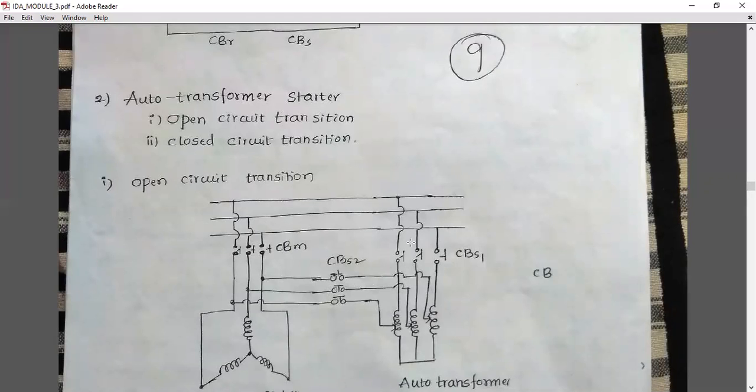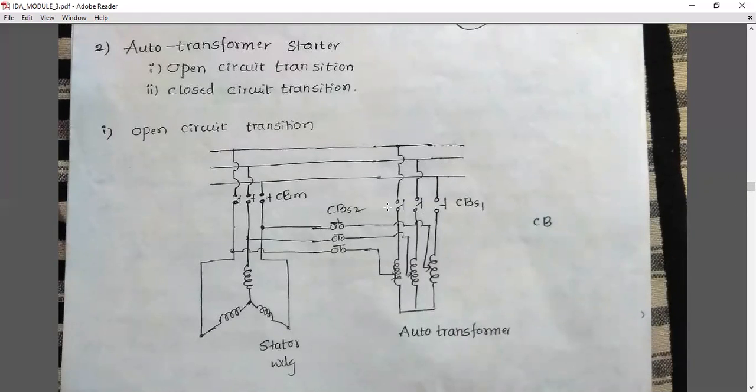If you make this connection, it will be open circuit transition. The operating process is that first we close CBS1 and CBS2 and keep CBM open. So the motor is connected to the three-phase line through these switches: from the three-phase supply to the switches, to the auto transformer, and again through a switch to the motor. This is the flow.